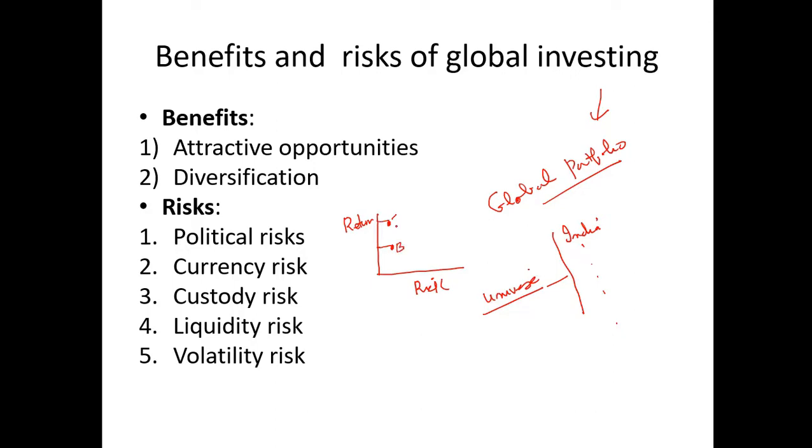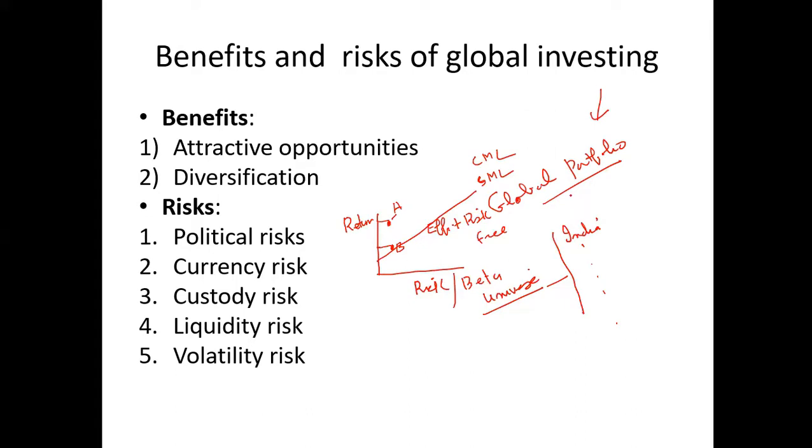Then we introduced the efficient frontier plus the risk-free rate, and we discussed the market line, CAPM, capital market line, security market line, and beta, all of which are risk return possibilities.